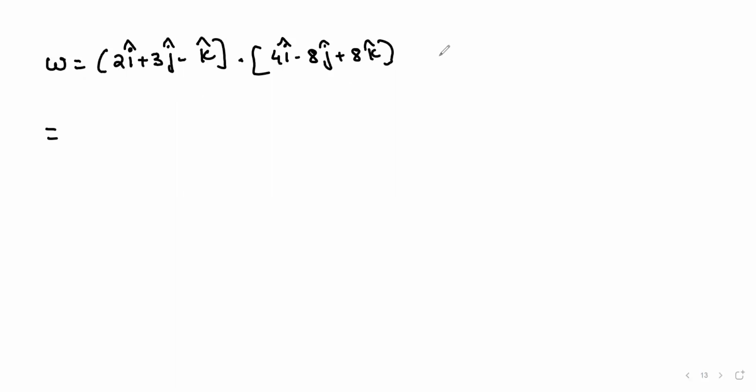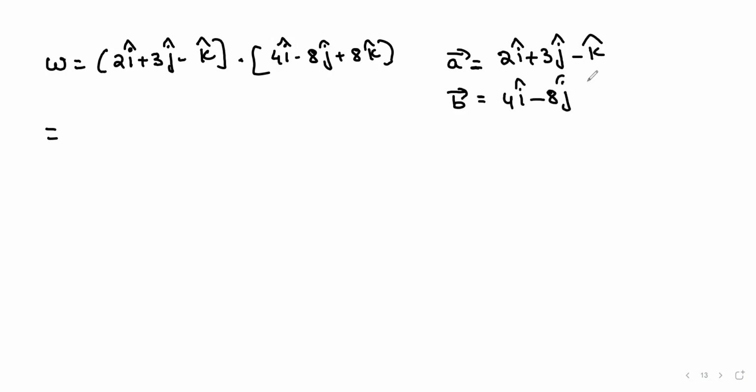So let's say A vector is 2i plus 3j minus k, B vector is 4i minus 8j plus 8k, right?